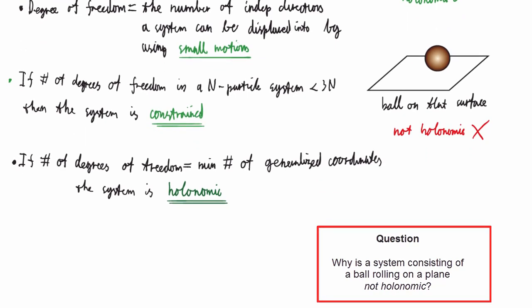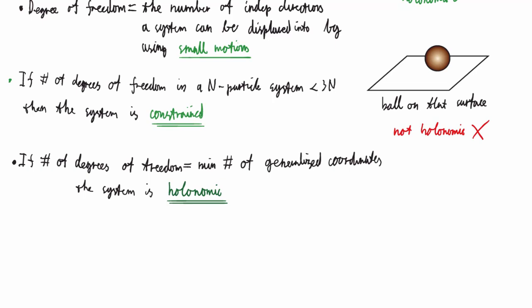Now, we're only going to deal with holonomic systems here. Basically, all the systems that we will approach that are covered by Hamilton's principle have to be holonomic.